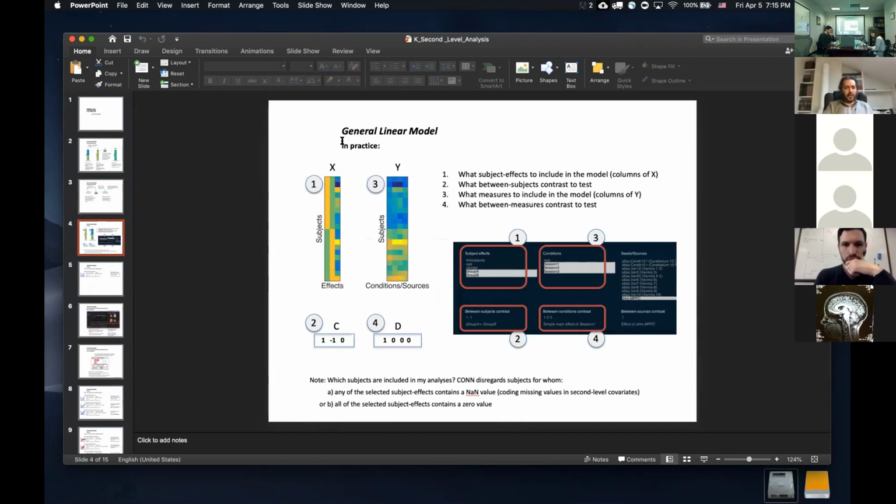So the design matrix defines what subject effects are modeled in your data. Then the second thing that you specify is a contrast across those subject effects, right? So if you enter 3 columns, 3 effects into your design matrix, you have to specify a contrast across those effects. And the third thing that you specify is which columns go into your actual data. That is what I was originally calling conditions, but these are basically the different contrasts that you are entering, and this is like a repeated measures type of design.